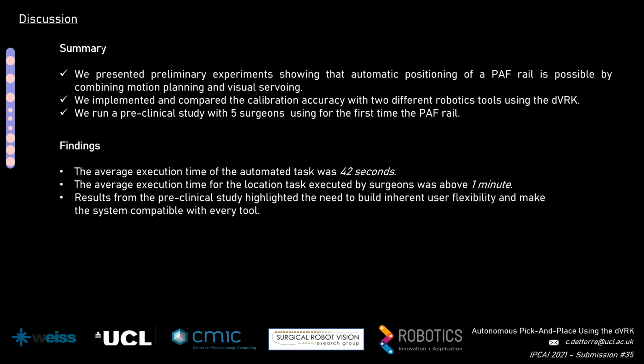The main outcomes of this work can be summarized as follows: the average execution time of the automated task was 42 seconds. The average execution time of the location task executed by the surgeon was instead about 1 minute. Results from the preclinical study highlighted the need to build in user flexibility and make the system compatible with every tool.